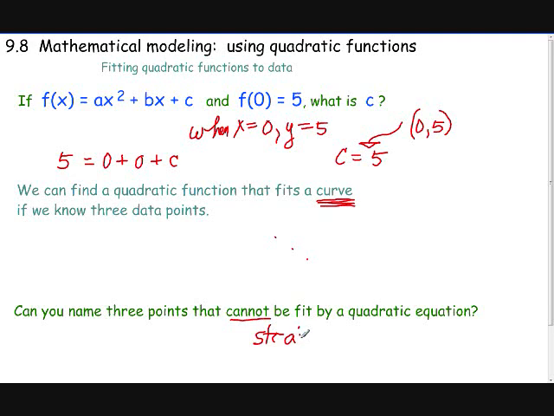Do you remember that from geometry? Did that jump to mind? That's what they are. When they lie on a straight line, and I probably can't draw this, no. I tried to draw a straight line, I get a curved line. But if I had a straight line with 3 points on it, I could never fit that to a quadratic function. Can't be done. It has to be a curve.